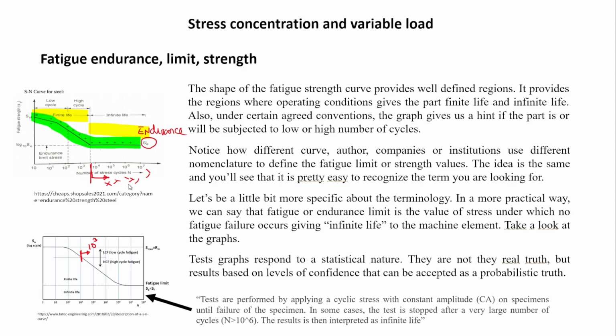You're going to see that sometimes, when you do tests at a certain stress applied, the part doesn't fail, and you just stop the test. If the test goes beyond a certain limit, you say this part has infinite life. But if the part fails somewhere in this range, then you say that the part has a finite life, and you're going to say, this part is going to last this many years. So let's put it that way.